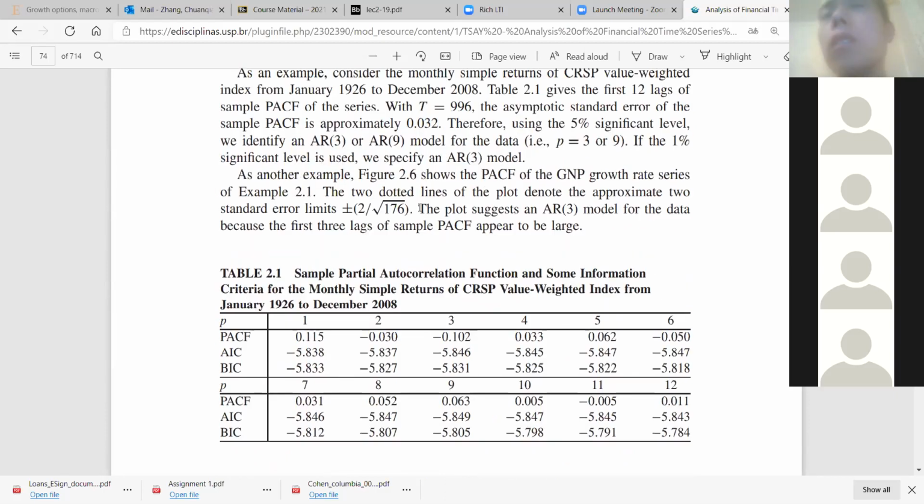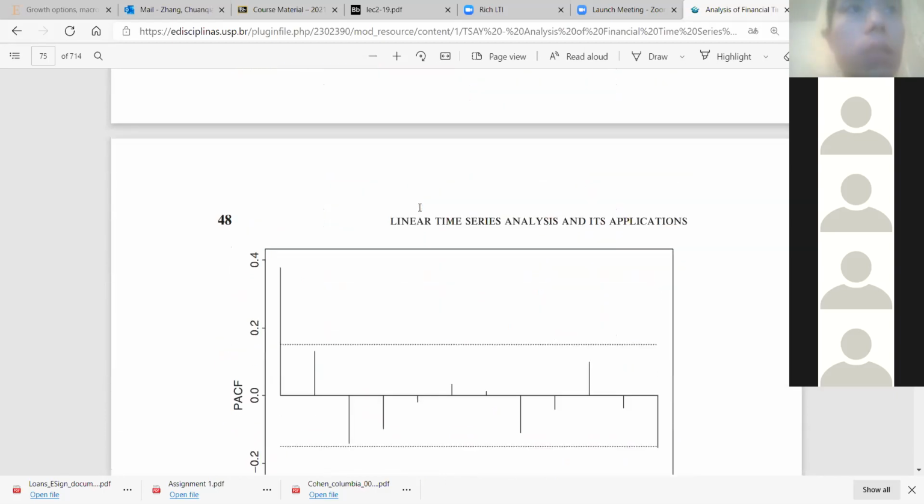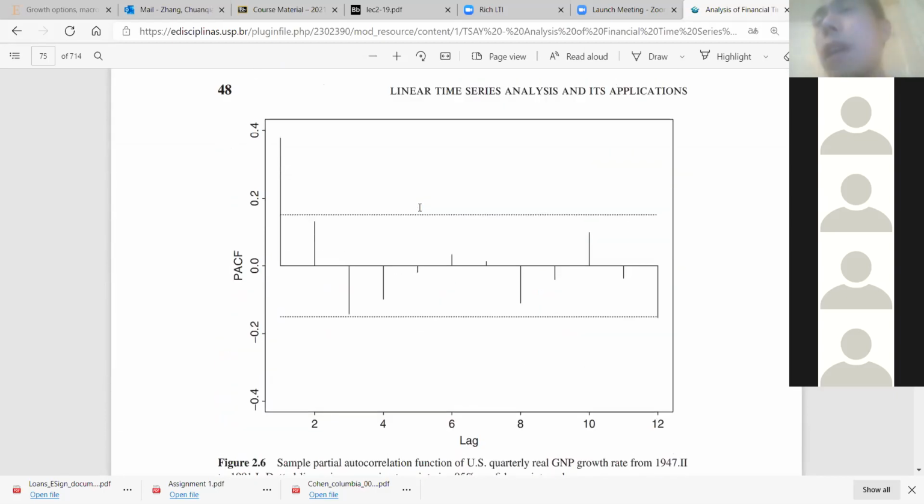Let me first introduce the first method. You can let the computer, RStudio, generate a figure for the PACF, the partial autocorrelation figure, for you.